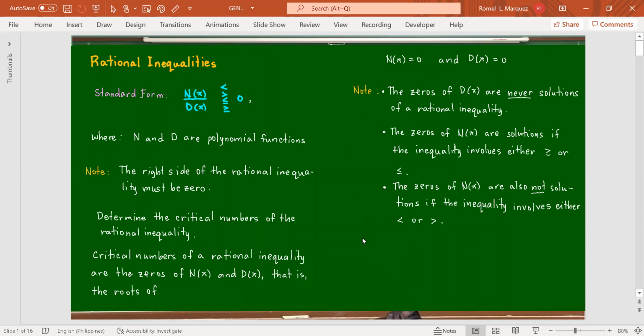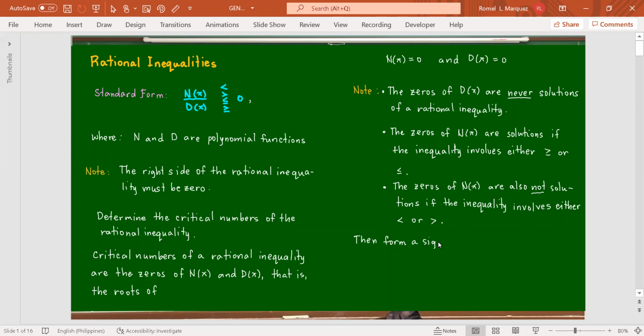Now, after that, you are going to form a sign table. Still remember the sign table, guys? Or sign chart?